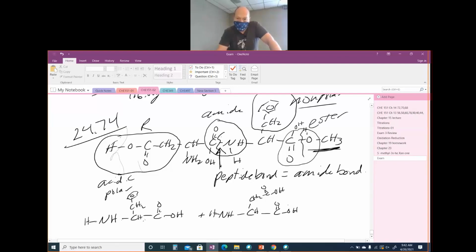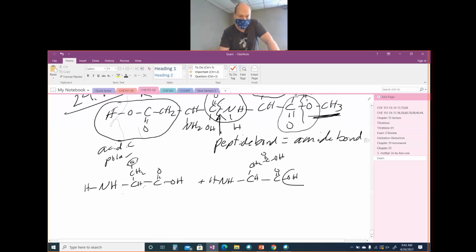All right, and so we're going to lasso this. And so your other dipeptide that you can get would basically be the same, except it's a different primary structure because we're going to switch the order.